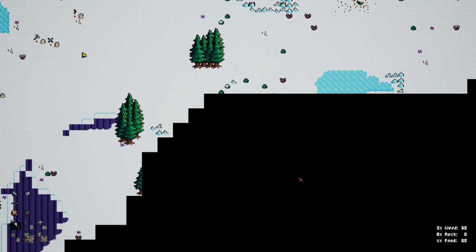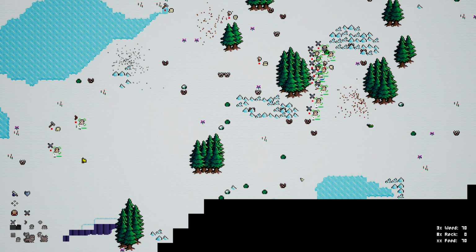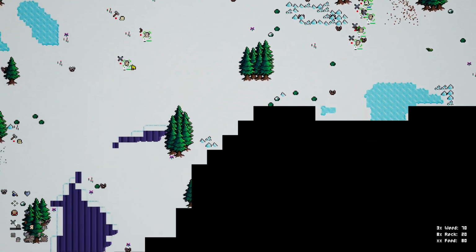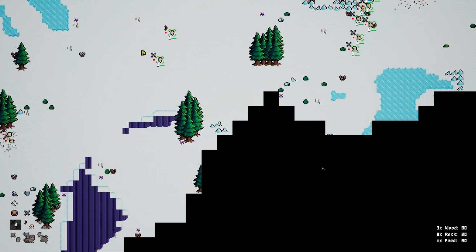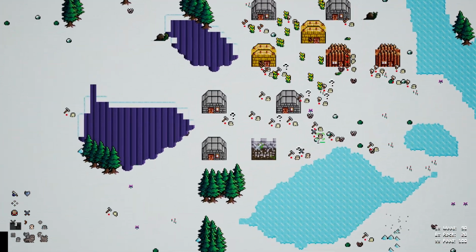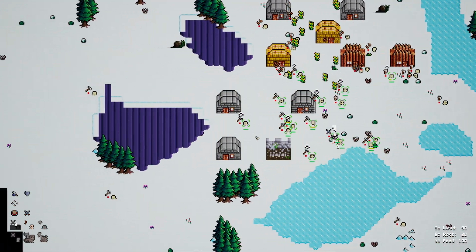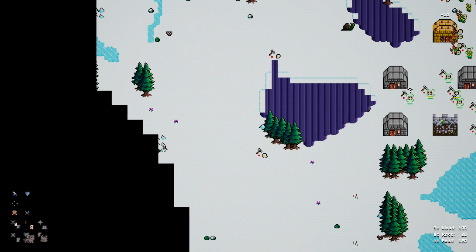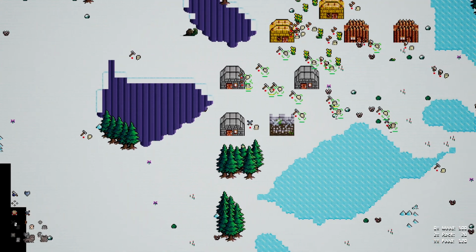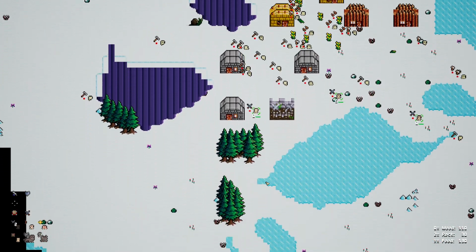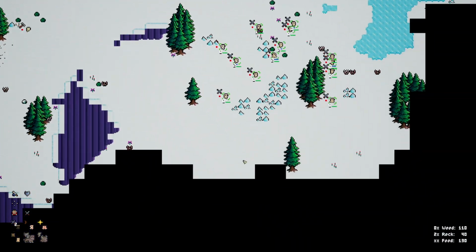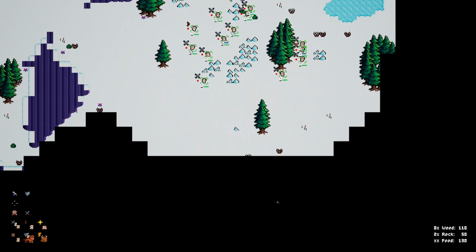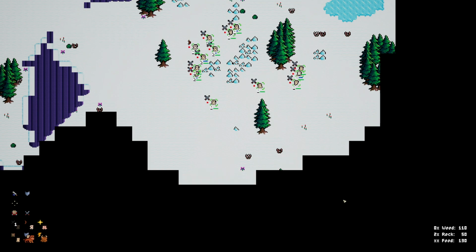A lot of this is built on EQS. Actually, the buildings have AI when they place their units. How does it know where to place the units so they don't get spawned into trees and get stuck, or spawned in other buildings and get stuck? All that's handled by the environmental query system, that's all AI basically.